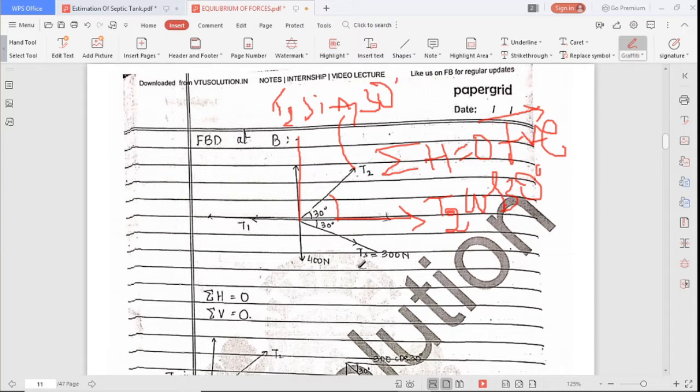So we have another force T3. T3 will be what? So T3 cos 30 degree, and here T3 sin 30 degree. So we have resolved T3 force and T2 force.